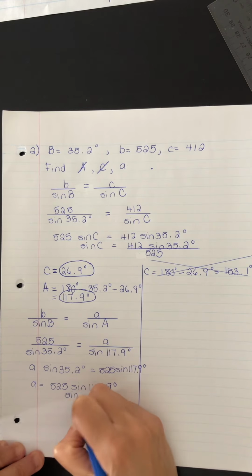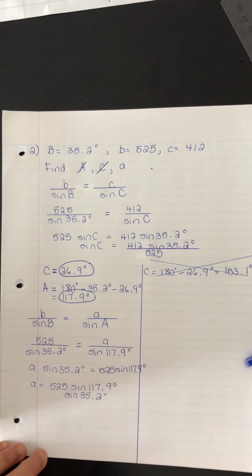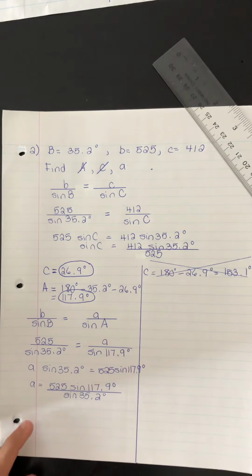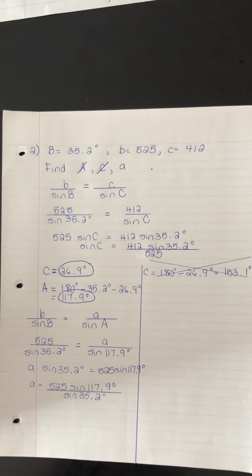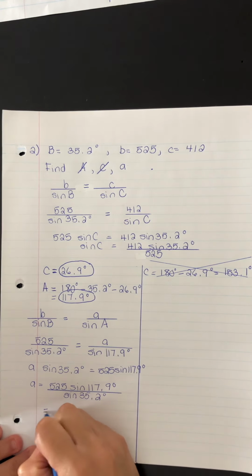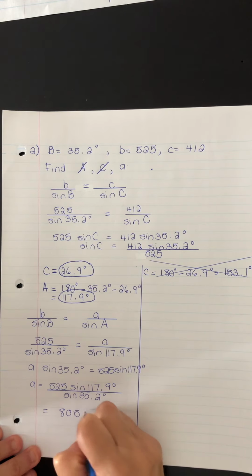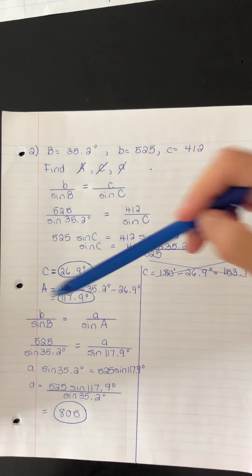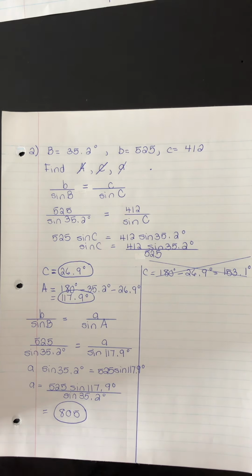So we divide by the sine of 35.2 degrees, and that'll allow us to get our value for A. So just punch this in like this, and you will get 805. Okay? And again, for this example, I just made sure all of my side lengths had 3 significant digits and my angles each had 1 decimal place. And that's consistent with that rounding table we had in our trigonometry unit.